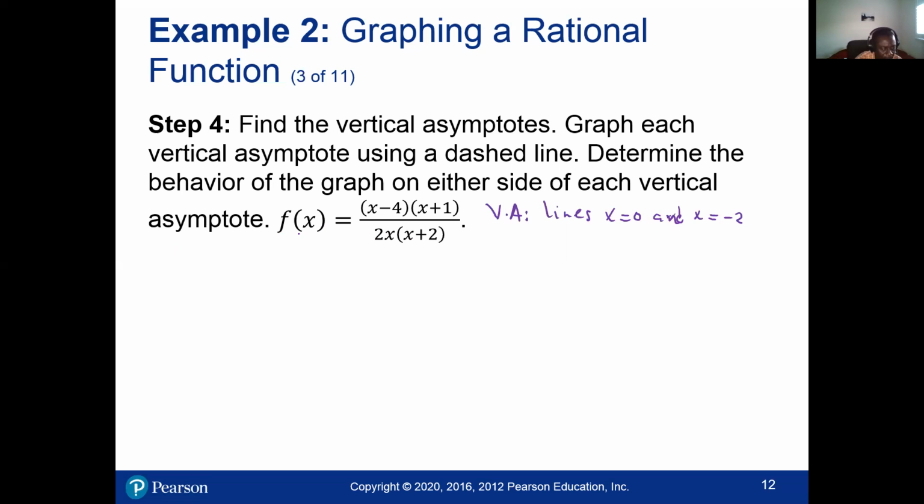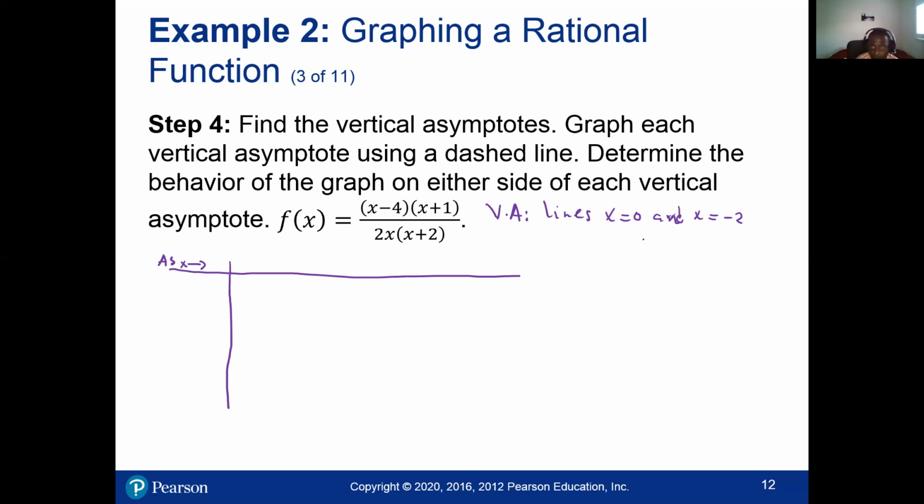Now what we're going to do is this. I'm going to write this down. Okay, I want you to note something. I'm going to draw a table. We write this as x, and it means x approaches.